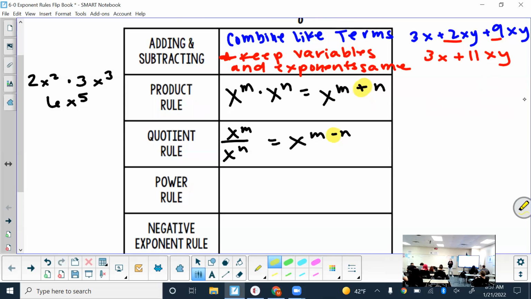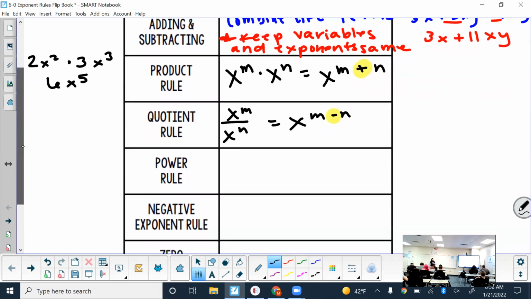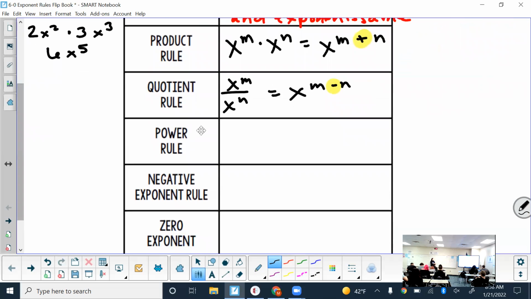Power rule. What was the power rule? So that would be a power raised to another power with symbols that they give you. Good. So x to the m, and then in parentheses raised to the n. So an exponent raised to an exponent, like this with the parentheses. All right.